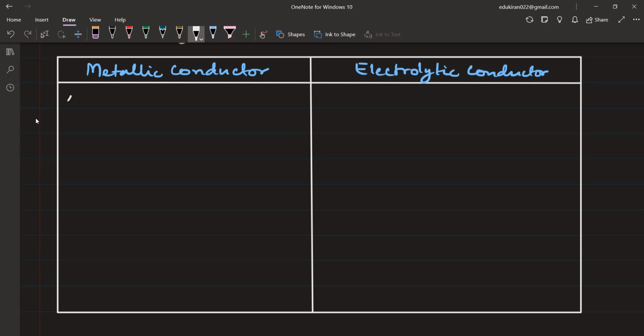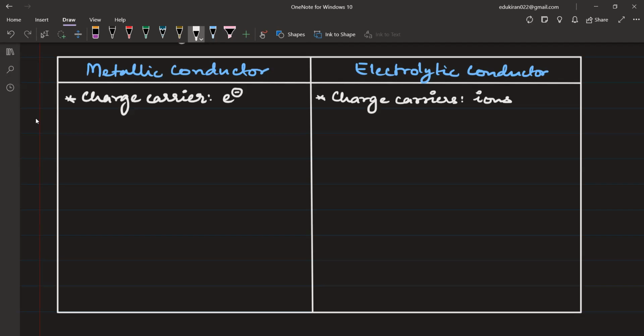Now, in a metallic conductor, what is the charge carrier? These are electrons, right? The current flows in one direction, and the electrons move in the other direction. Now here the charge carriers are ions. The electrolytes are the charge carriers, Zn2+, Cu2+.